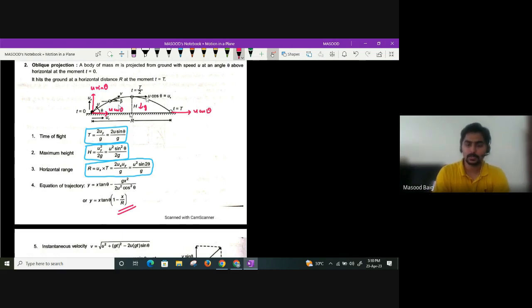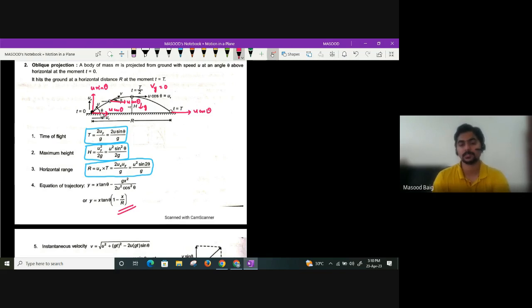At maximum height also, you are going to have only the horizontal component of velocity. The vertical component of velocity will be zero at maximum height, and you have only the horizontal component, which is u cos theta. Similarly, at any point the horizontal component will always remain the same because there is no acceleration in the x direction. What will change? The vertical component will be changing.